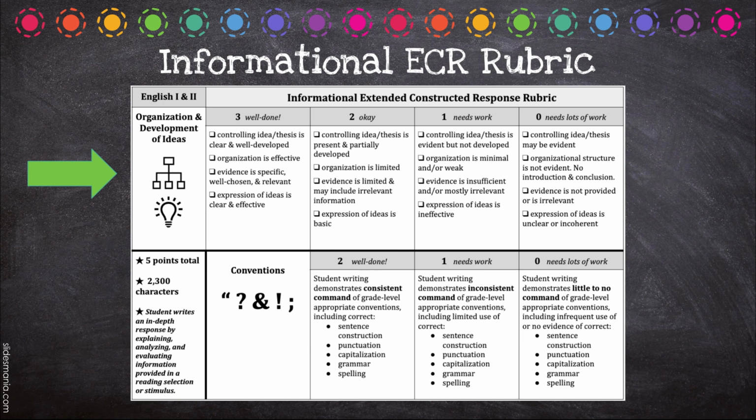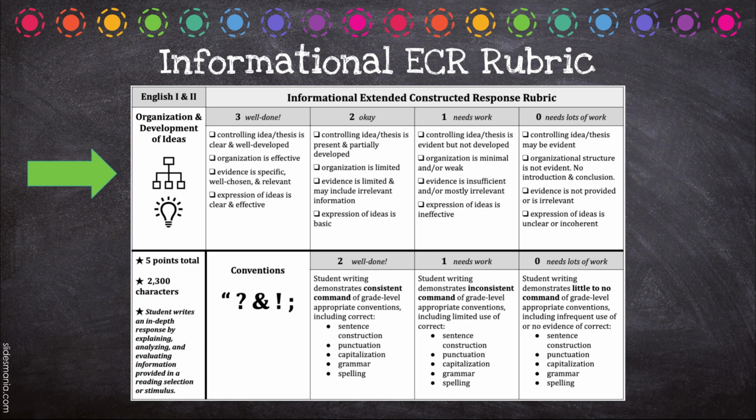Notice in the other point columns, the 4 areas of thesis, organization, evidence, and expression of ideas are partially developed, not developed, limited, minimal, not evident, insufficient, irrelevant, or ineffective.